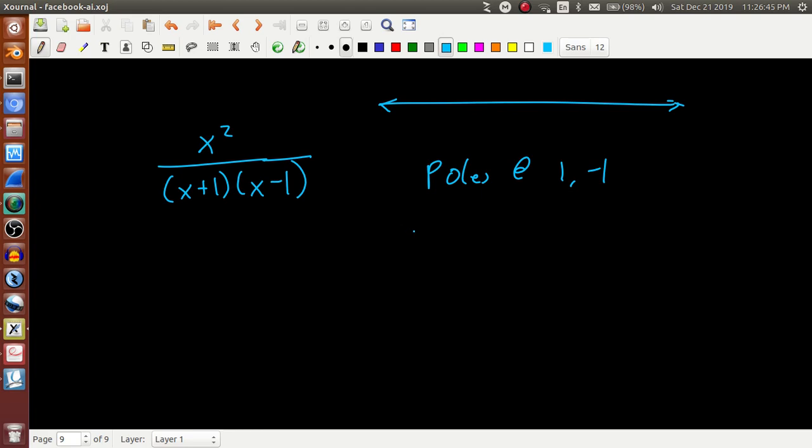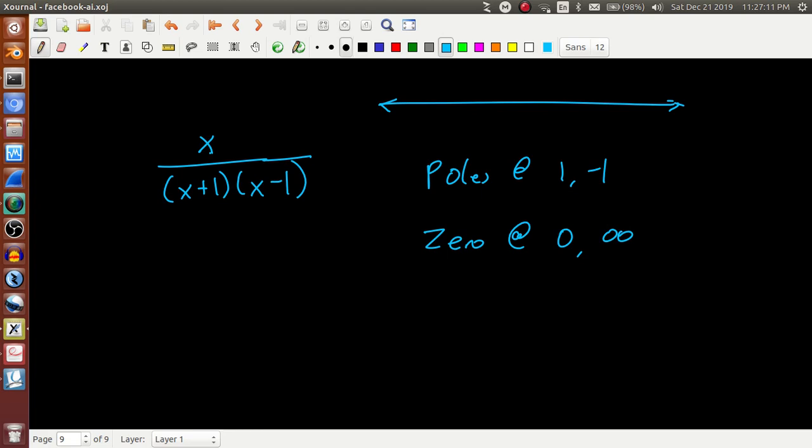I think I'll just make this an x. Okay. So what's it got here? It's got a 0 at 0. So when x is 0, it's 0. When x is 1 or -1, it's a pole. We have a 0 in the denominator. And then we also have a 0 at infinity.